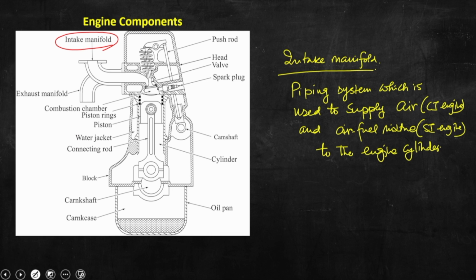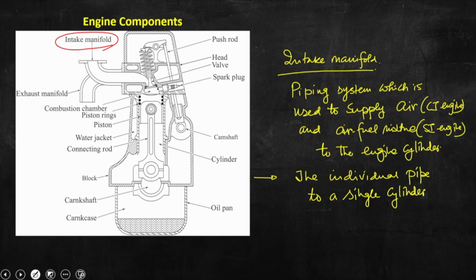So, I am writing: the individual pipe to a single cylinder is called a runner.